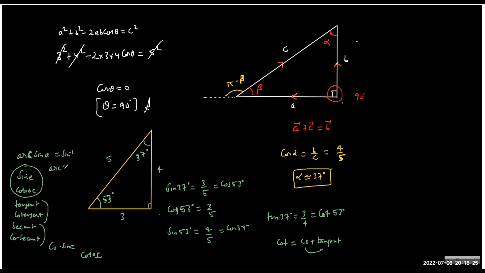Arc cos. We write as cos inverse. These are the old traditional literature. So if you study any old book, the book which was written maybe 100 years back, they use the word arc for inverse. Now we don't write arc, we just write cos inverse, sine inverse.